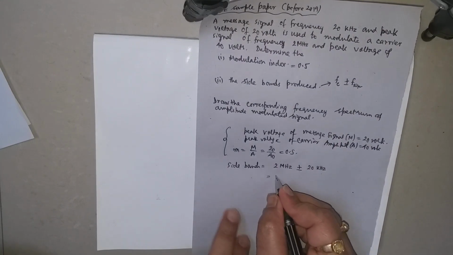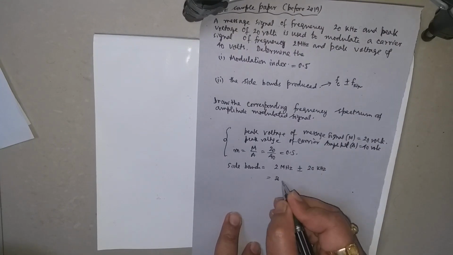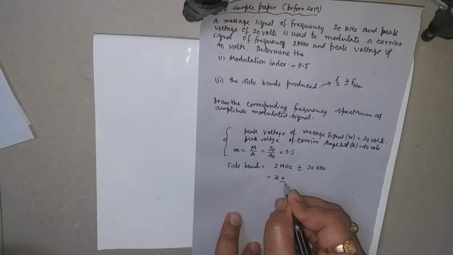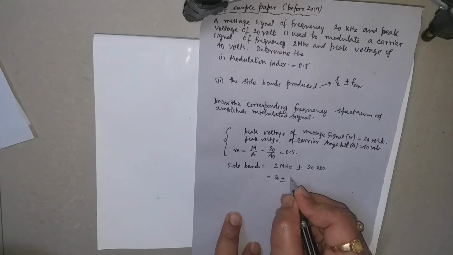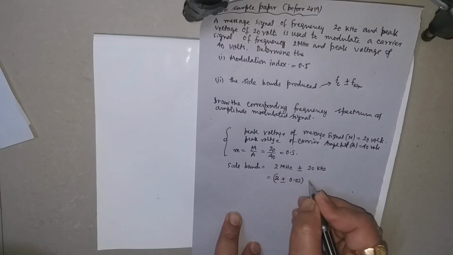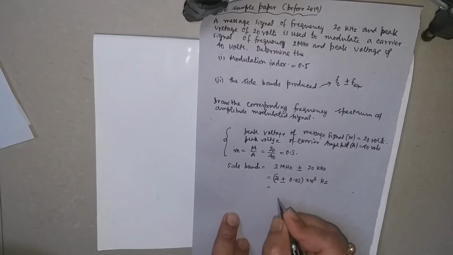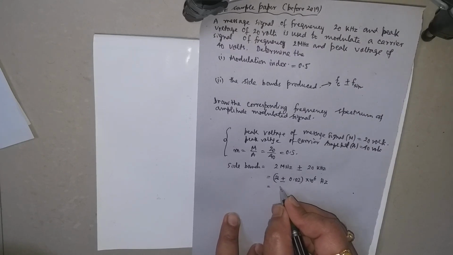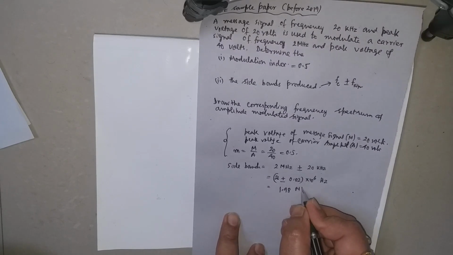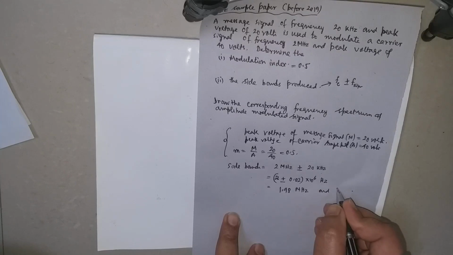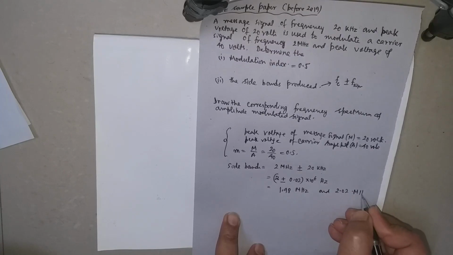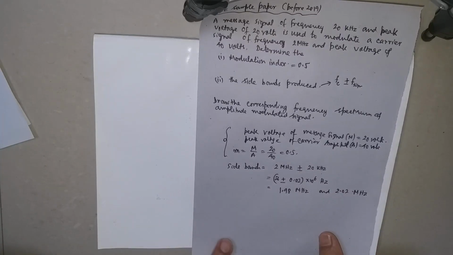Now let us try to write it in terms of the same unit. 2 plus or minus 0.02, times 10 to the power 6 hertz, or in megahertz, it is 1.98 megahertz and 2.02 megahertz. These are the side bands.